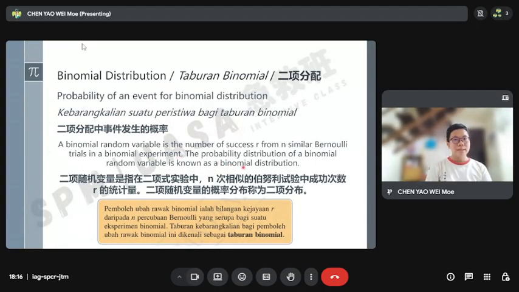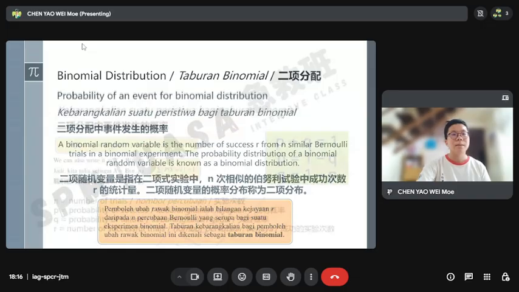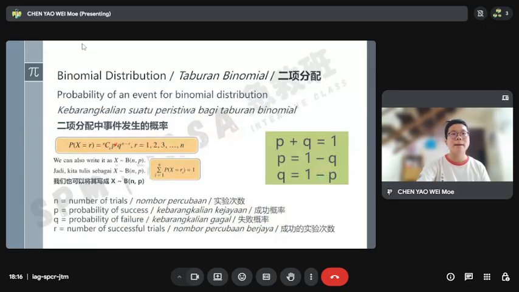This is the explanation, and we can represent the binomial distribution using the formula nCr p^r q^(n-r). The nCr actually comes from your Form 5 Chapter 4.